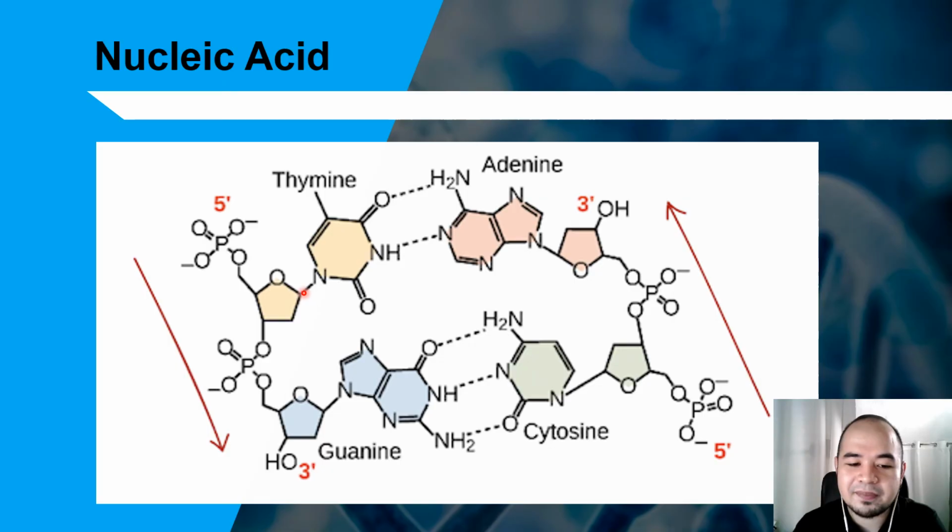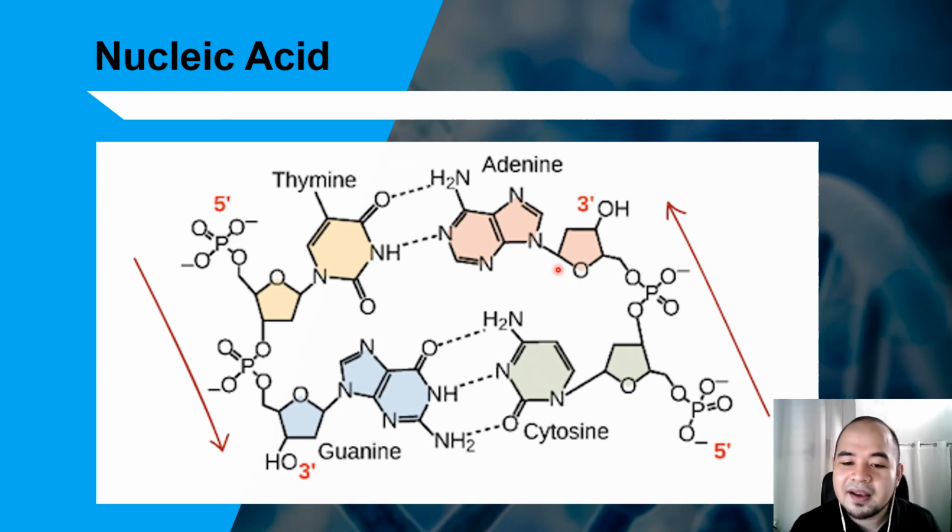So we have carbon number 1, 2, 3, 4, but that is not carbon number 5, because that's oxygen. Carbon number 5 is actually in here. That's why it's 5', because this is the most exposed carbon here. And then, when you look at this strand, we have 1, 2, 3, so that's the 3, and this is the lowest carbon. That's why it's called 3'.